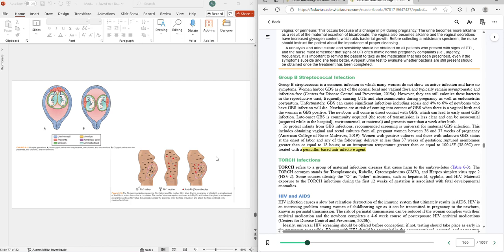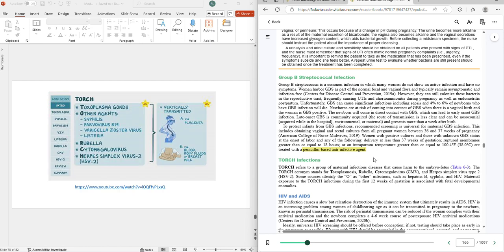All right, torch infections. Big thing during pregnancy can happen. It is a group of infectious diseases that can harm the fetus. Okay, it stands for toxoplasmosis, rubella, cytomegalovirus, and herpes simplex 2.